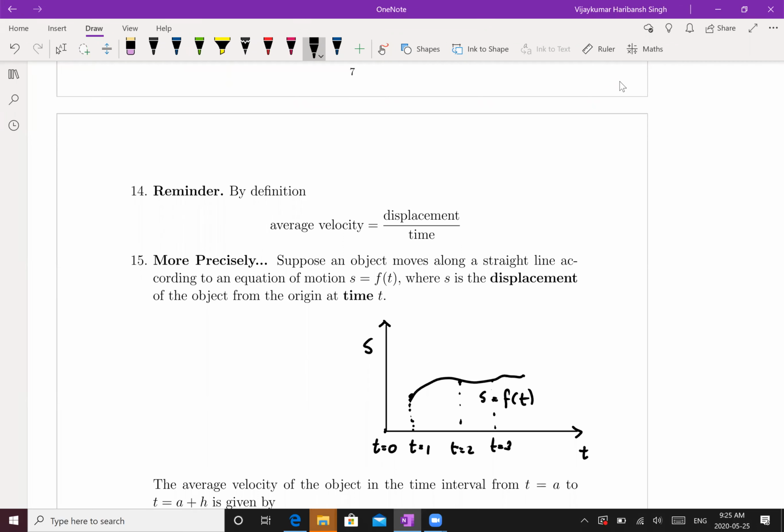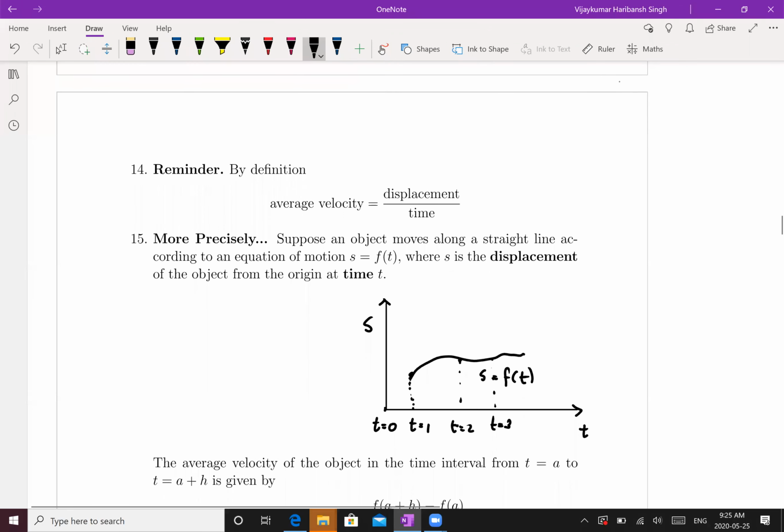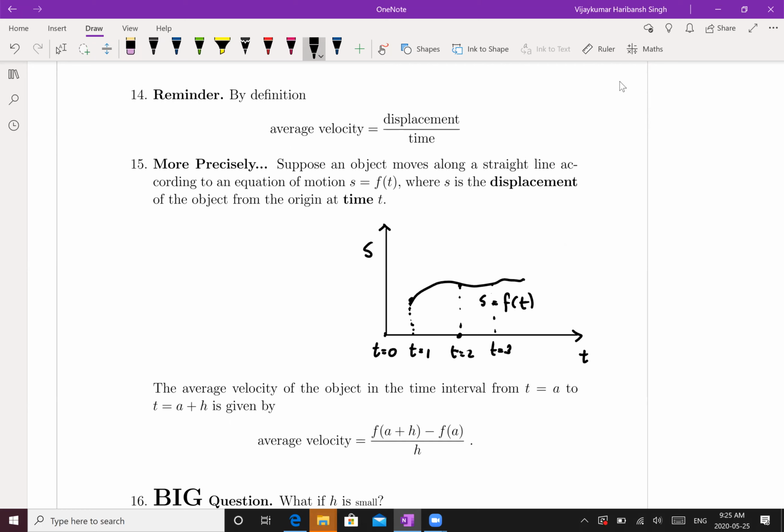Now, what is the average velocity? Suppose your particle moved from point A, so the time has changed from A to A plus h. If the time has changed from t equals A to t equals A plus h, what is your average velocity?